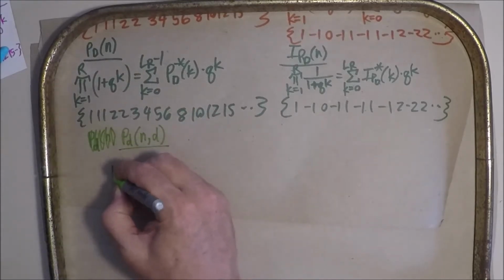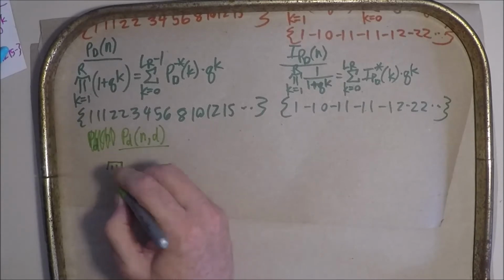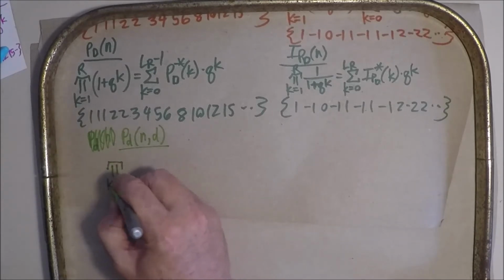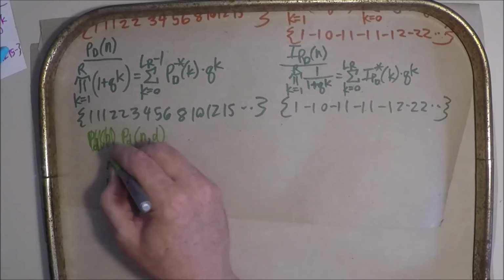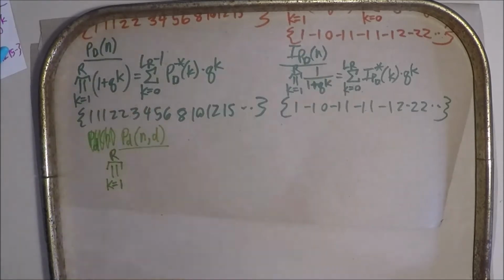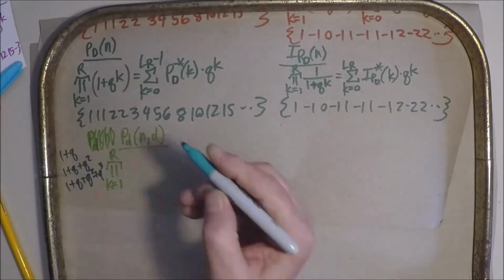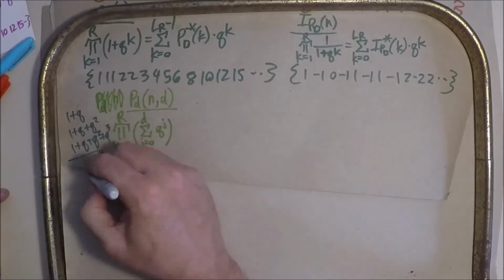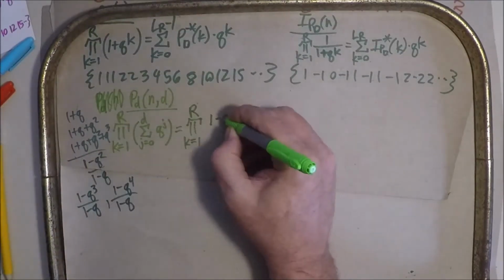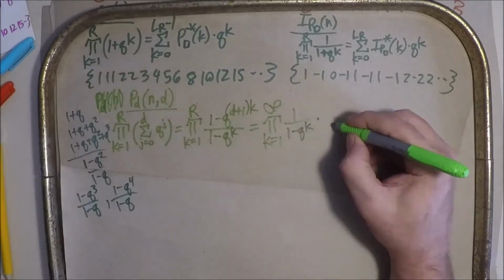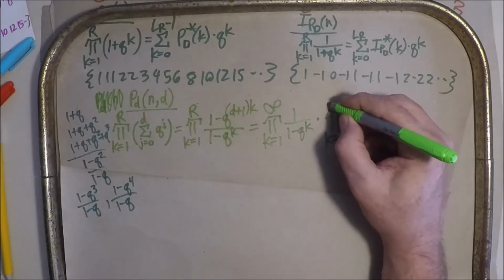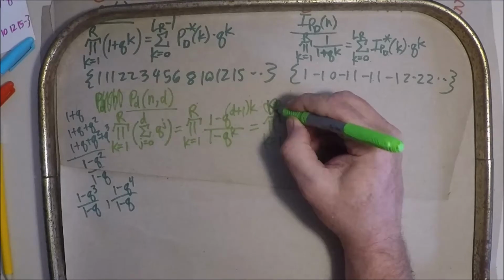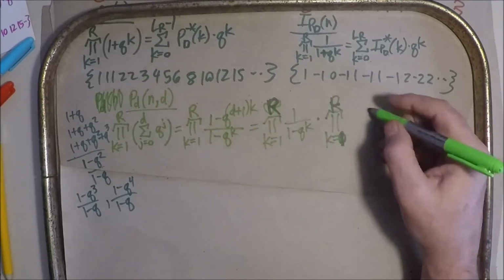And the generating function, the Q series for that one, looks like product k equals 1 to infinity. We more or less did this with the geometric series identity before. Partitions into distinct parts is just a special case of this with d equals 1. I'll keep my infinity implied.